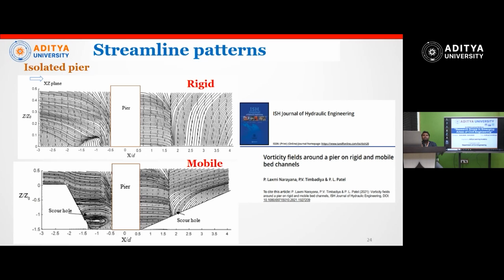These are the streamline patterns, and streamlines give both velocity and direction. I am already using the velocity here, so I can see only the direction here. But this is nothing but a primary vortex which I can see on the screen.